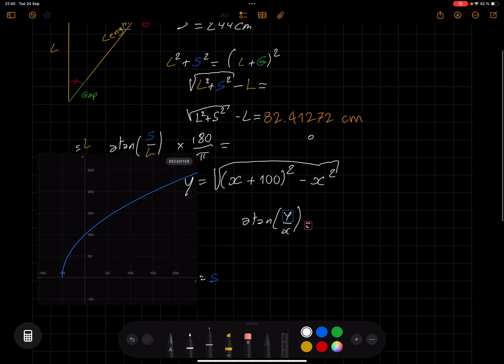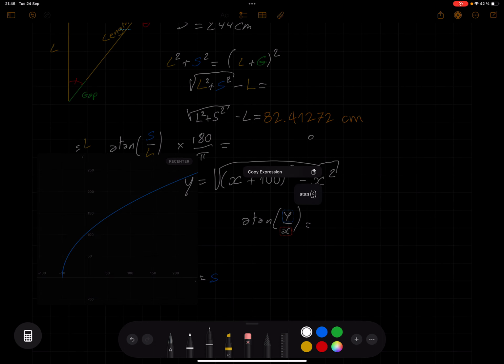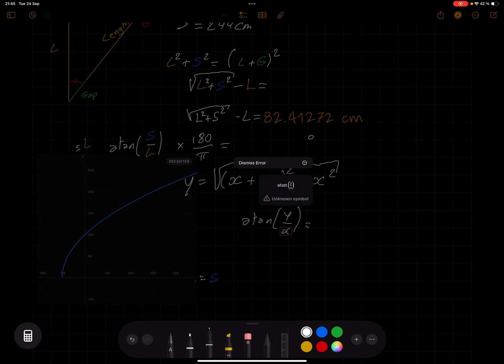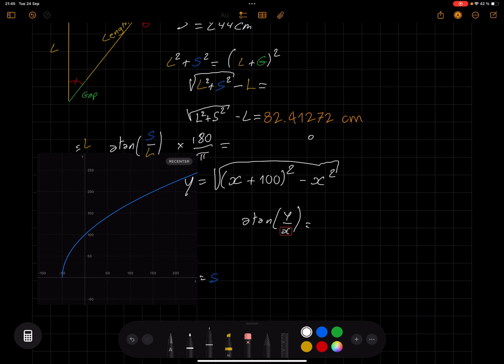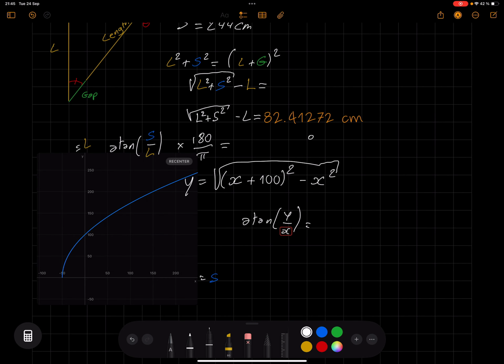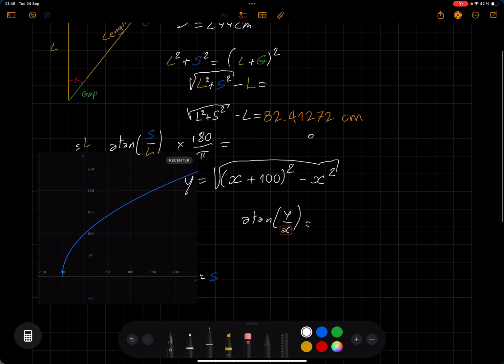Okay, it doesn't recognize it. So I'll give it a change. So now it's recognizing it, but it's clear that whatever symbol you want to use, the expression will not work. So I have to put something here.